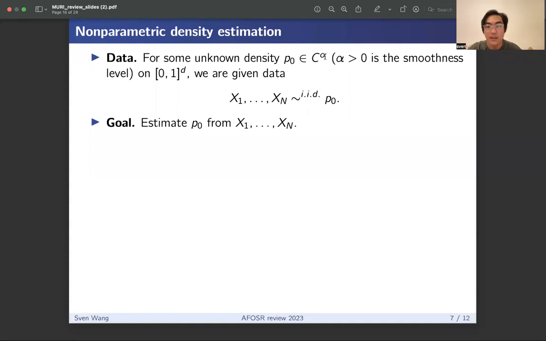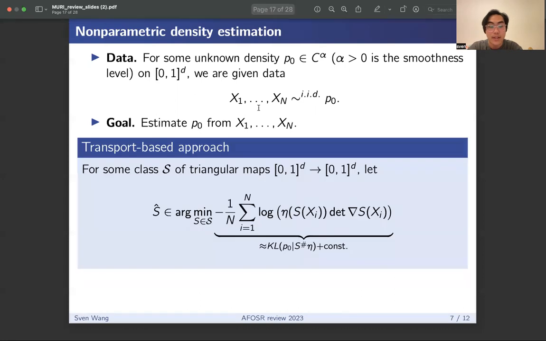But it doesn't lie in a finite dimensional space. This is really only smoothness information. So we assume that P0 is in an alpha smooth Hölder class, and we have IID data x1 to xn from P0. And the goal is to infer P0 from x1 to xn.